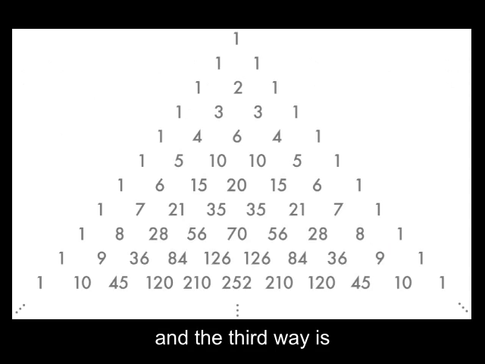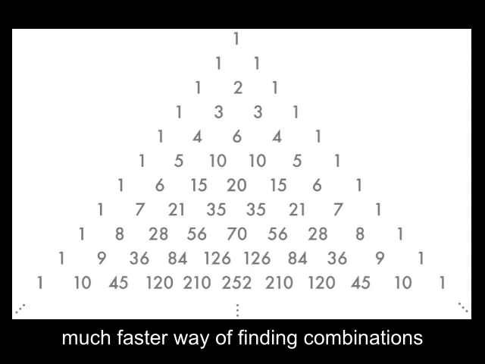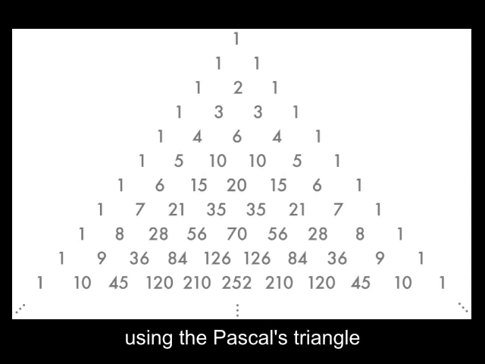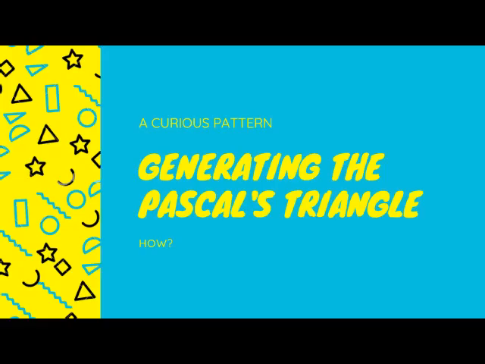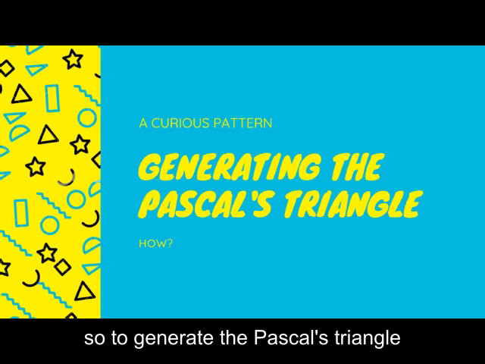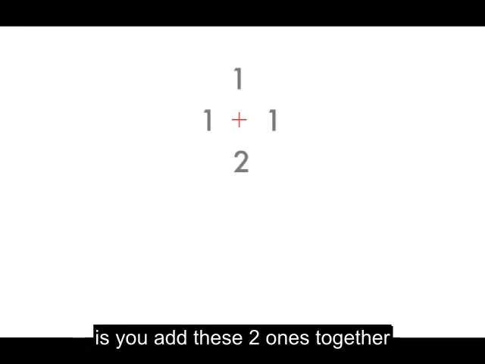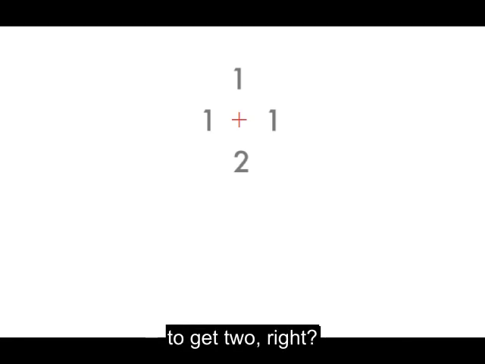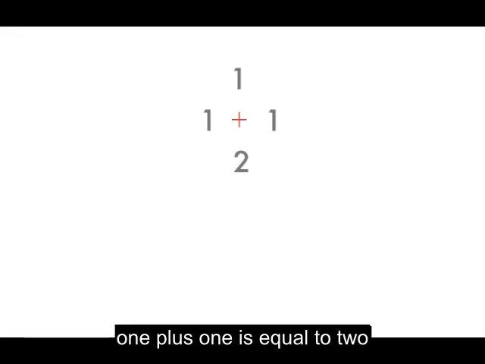And the third way is a much quicker way of finding combinations, using Pascal's triangle. To generate Pascal's triangle, first we write 1. Write 2 ones below it. Those are the initial steps. Next, you add these 2 ones together to get 2, right? 1 plus 1 is equal to 2.